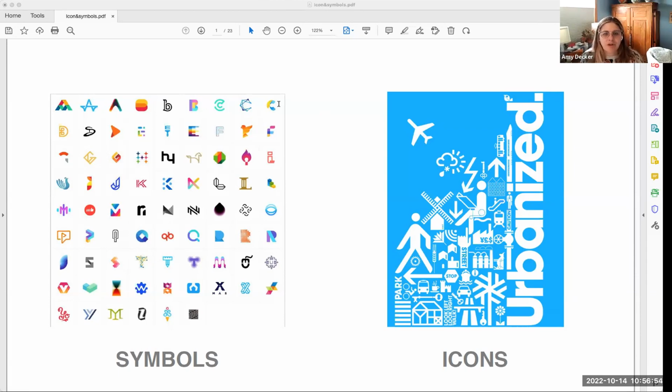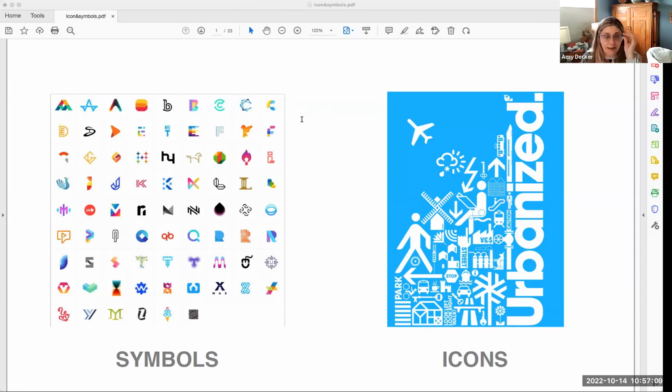Symbol and icon are terms that we can often use interchangeably, but there's actually a subtle difference. An icon is a literal visual representation of the thing it represents, whereas a symbol can be a more abstract representation of something.